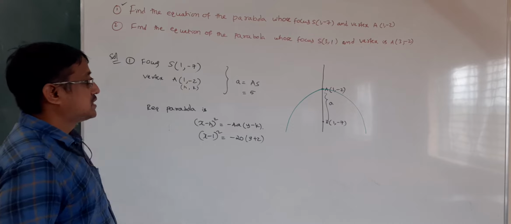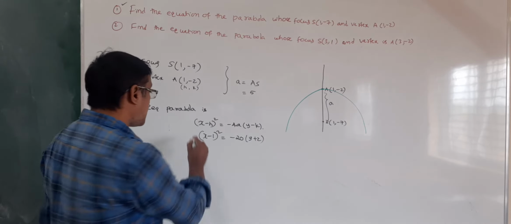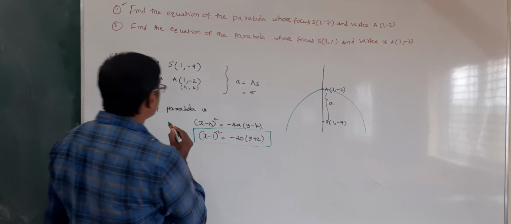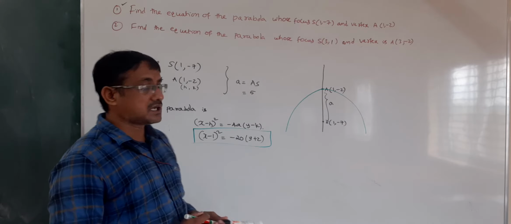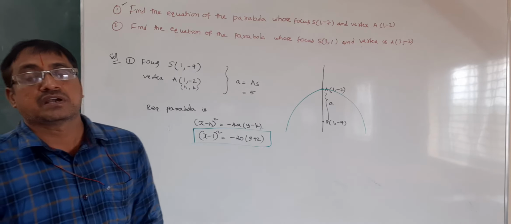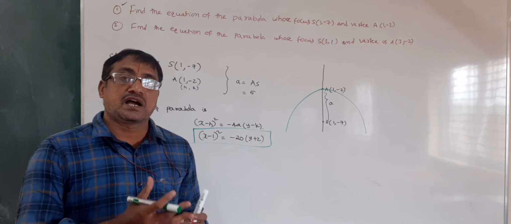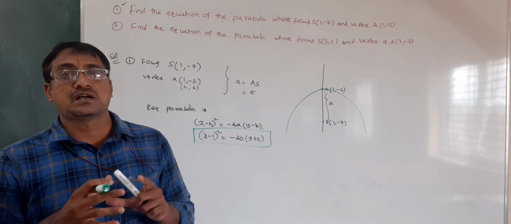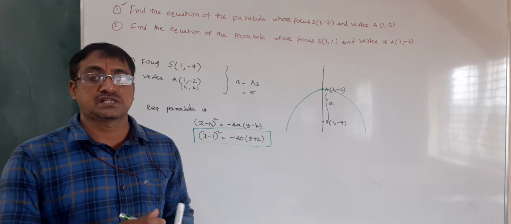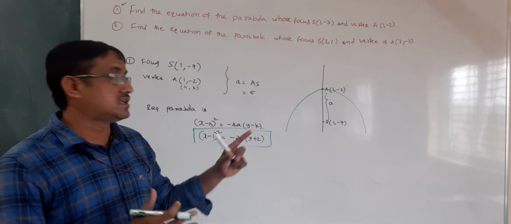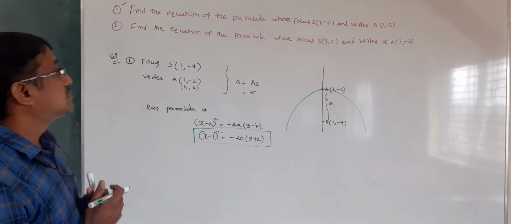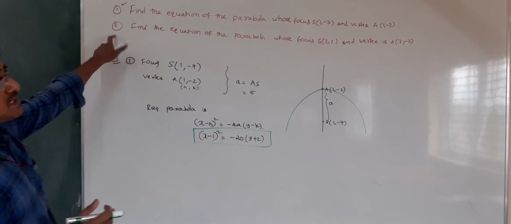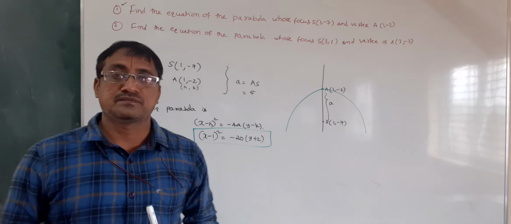This is the required equation of the parabola with focus 1 comma minus 7 and vertex 1 comma minus 2. So you can identify the parabola, whether the axis is perpendicular or parallel to the y-axis or x-axis, in this way only. Now you can do this problem as homework, second one.